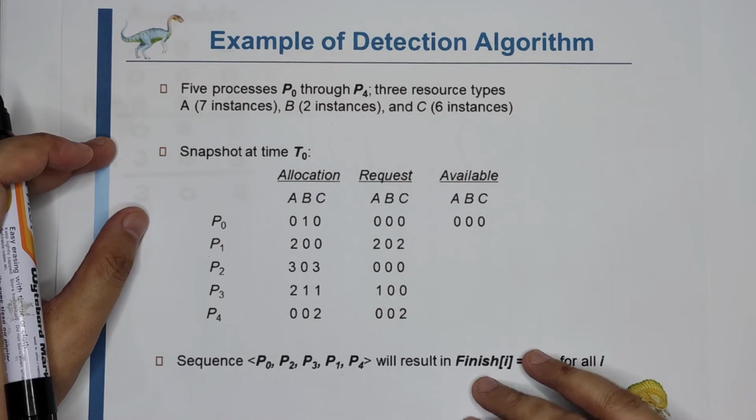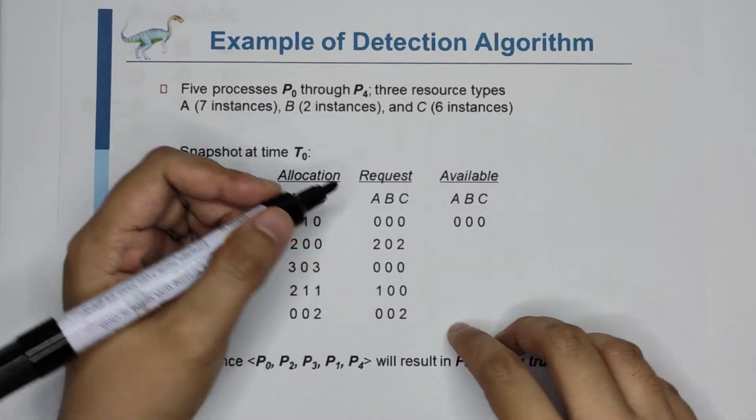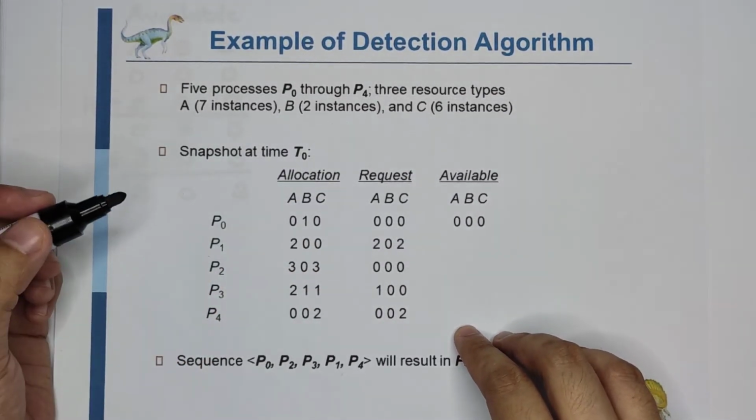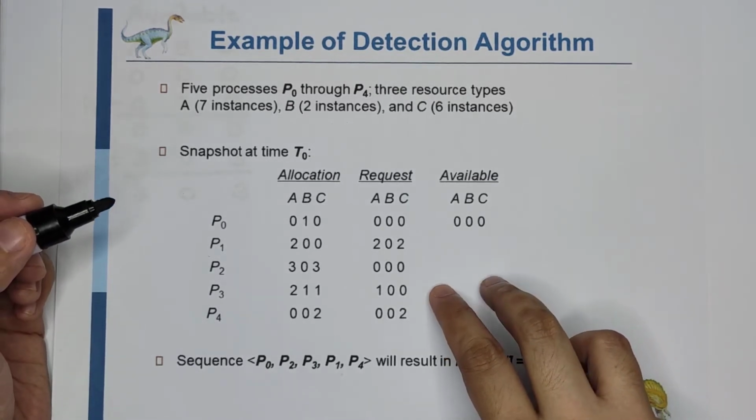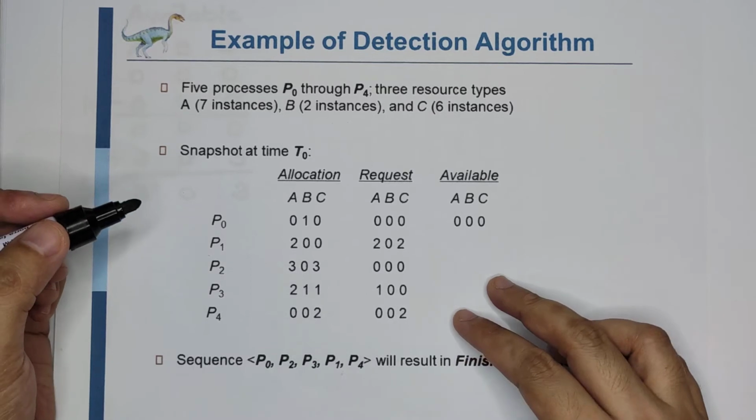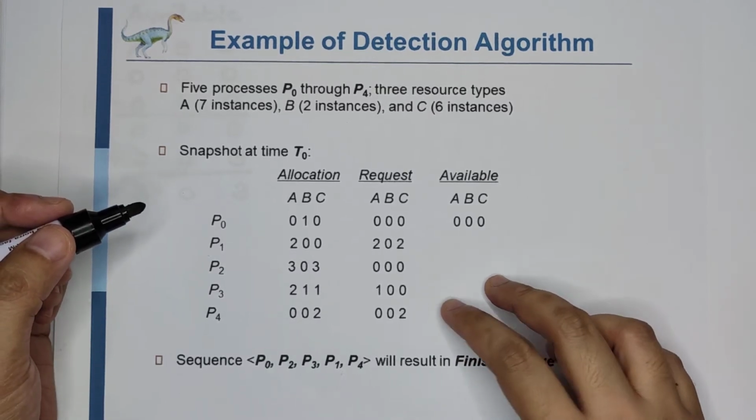Actually, we can already select any of the processes. But of course, it's safer to select the smallest.